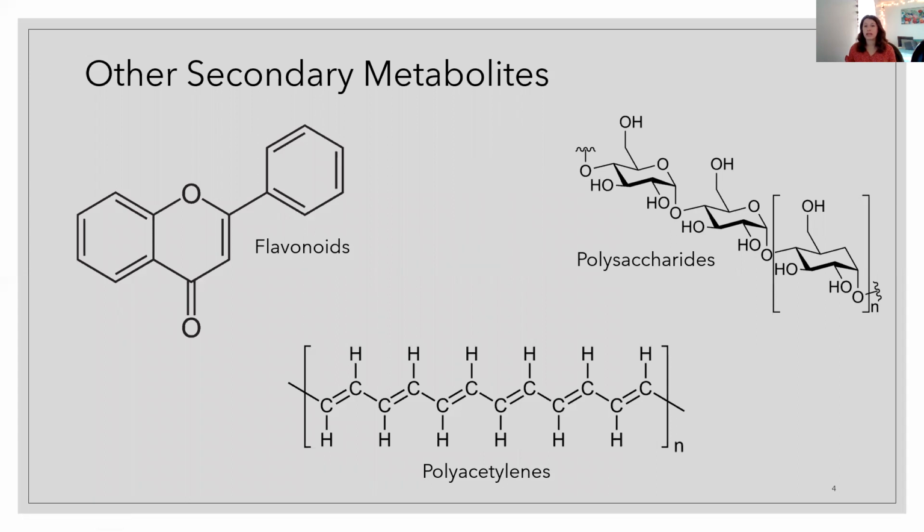There are many other secondary metabolites in Echinacea. Up in the top left here, we see flavonoids, which are known for the antioxidant activity in response to biostress, such as bacterial infection of the plants. We see here polysaccharides, and plant polysaccharides are a natural source of polysaccharides.